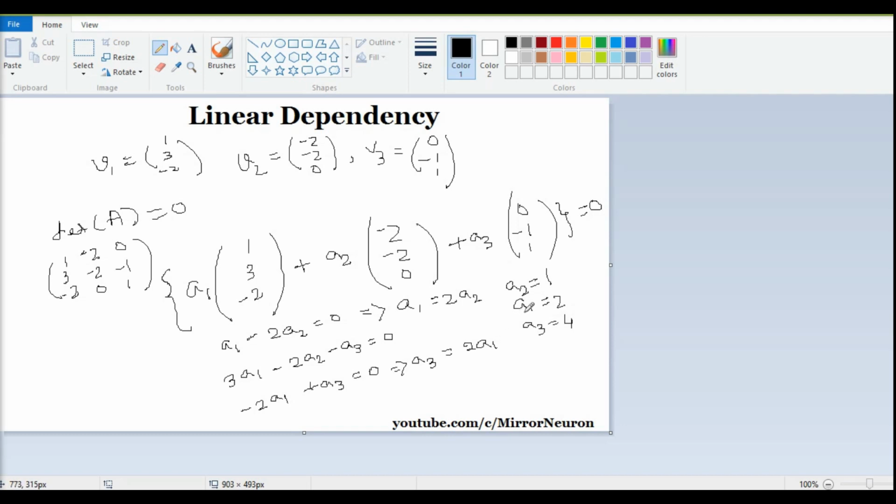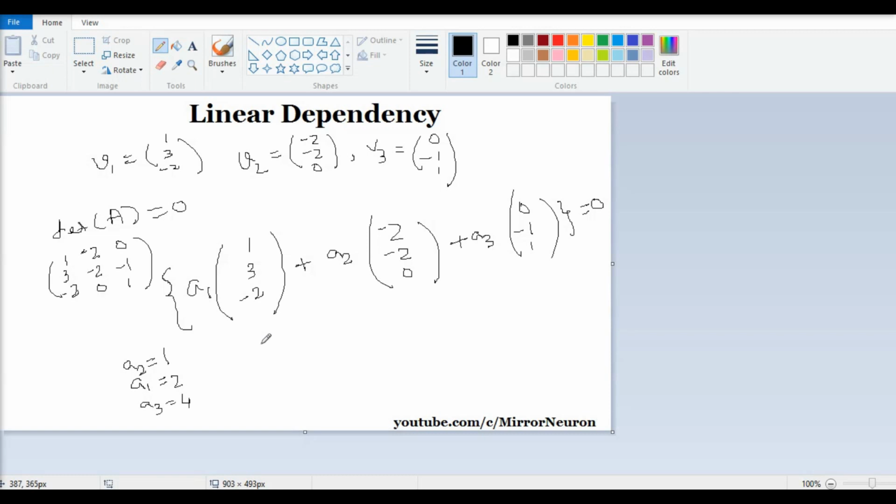Okay, so now if I plug these values in place of a1, a2 and a3, let's see what result I get. a1 is 2, and 2 times 3 is 6, and 2 times minus 2 is minus 4.